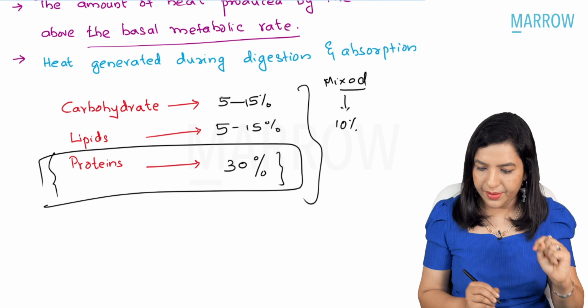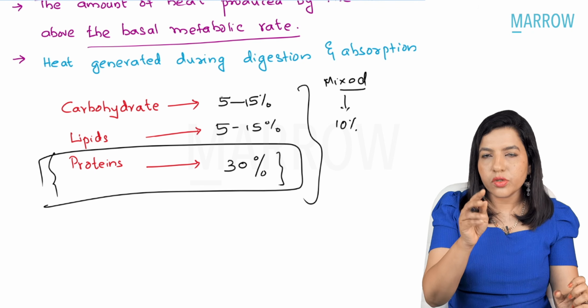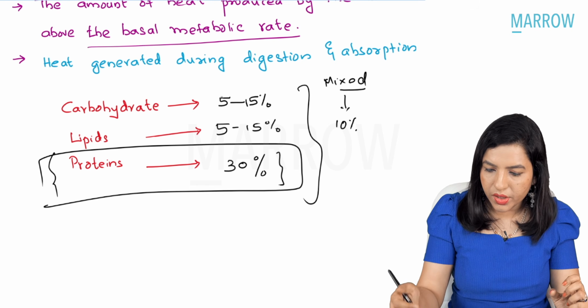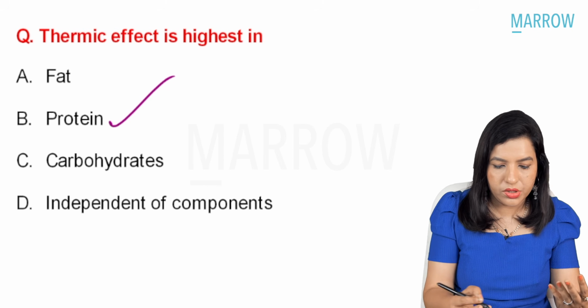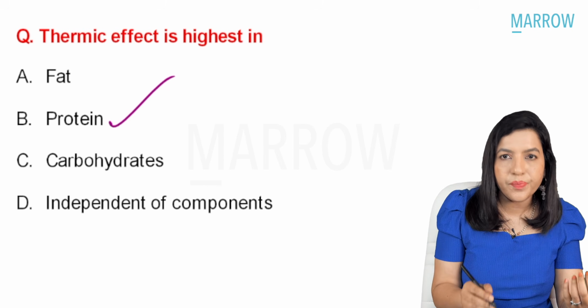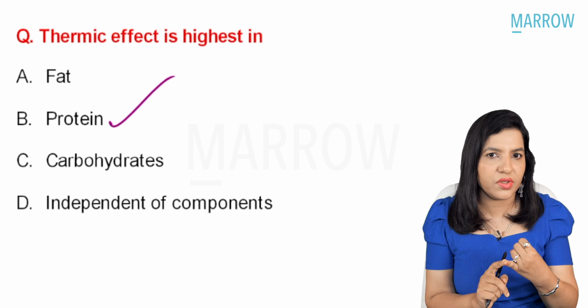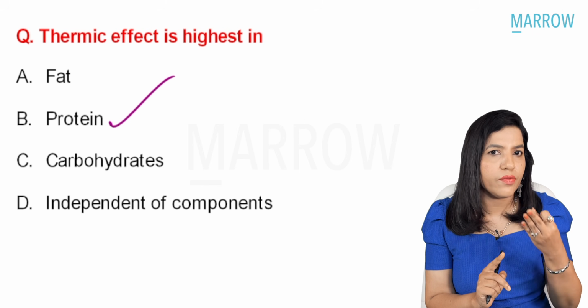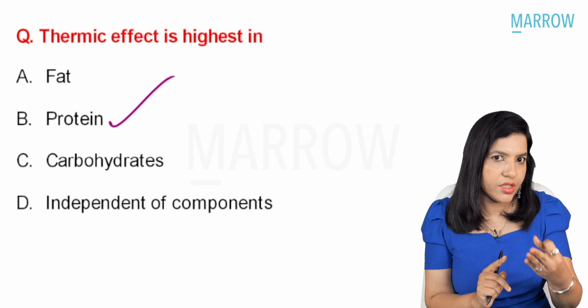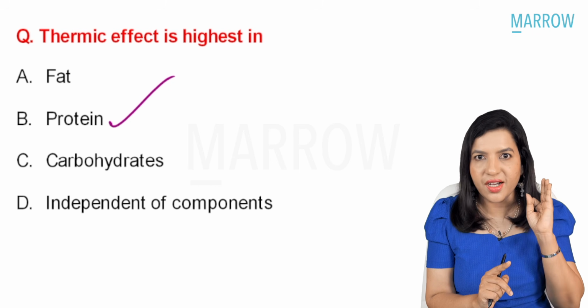I hope that's clear. Along with the thermic effect of food, what I should discuss is the areas that you can expect a question on. Usually the energy content of the food, like fat, carbohydrate and proteins: what is the calorific value of carbohydrates, fats and proteins is very commonly asked.